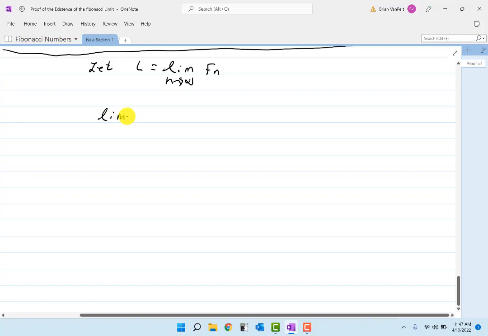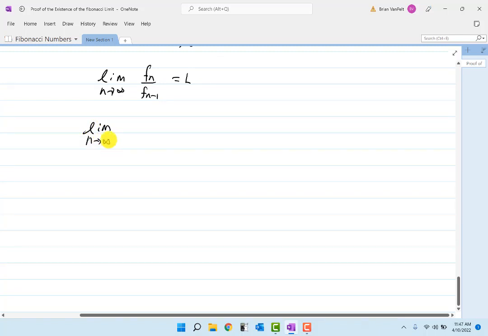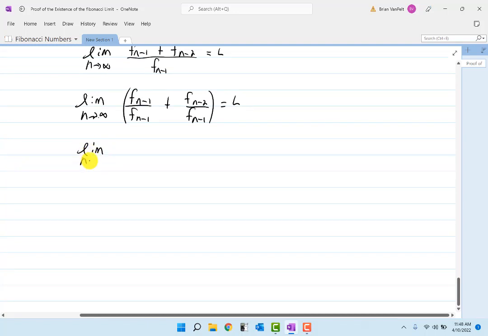Alright, then the limit as n goes to infinity of little f sub n over little f sub n minus 1 is equal to L. So then we have the limit as n goes to infinity of f sub n minus 1 plus f sub n minus 2 over f sub n minus 1 is equal to L. Let me break up that fraction. As n goes to infinity, f of n minus 1 over f of n minus 1 plus f of n minus 2 over f of n minus 1 equals L. Of course, that's the limit as n goes to infinity of 1 plus 1 divided by f sub n minus 1 divided by f sub n minus 2. And that is equal to L.